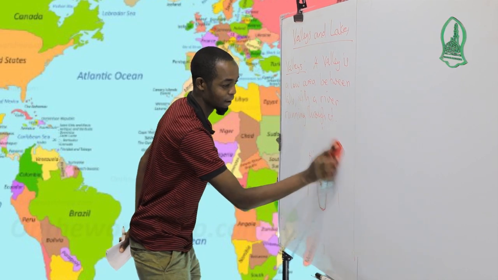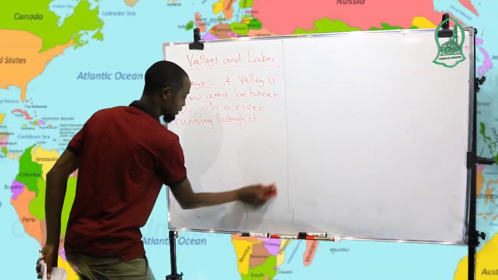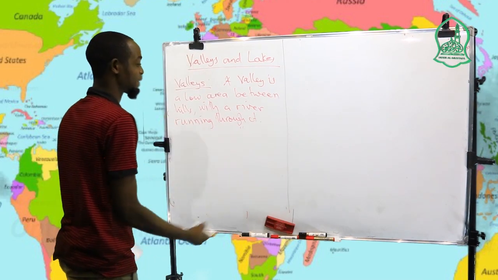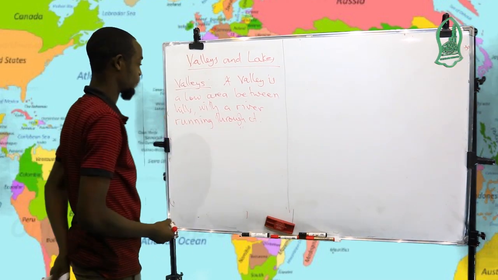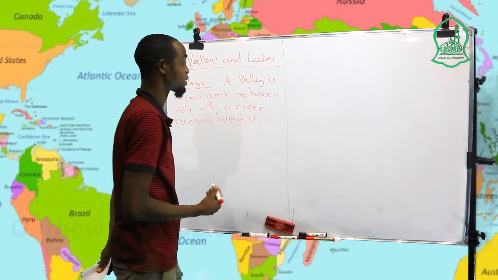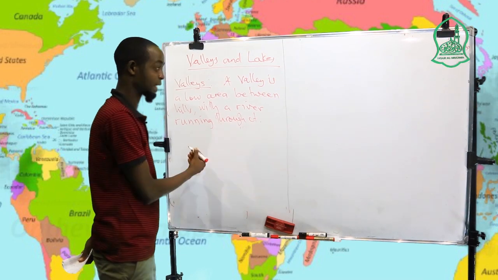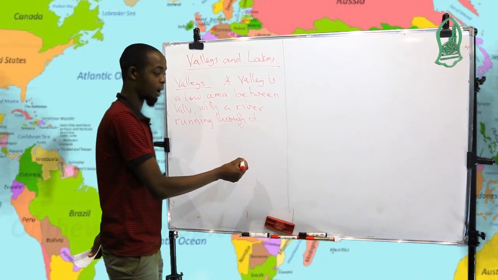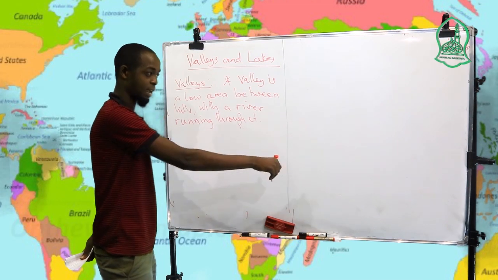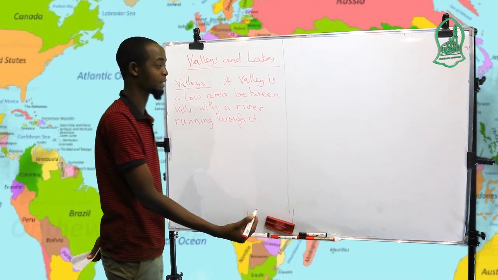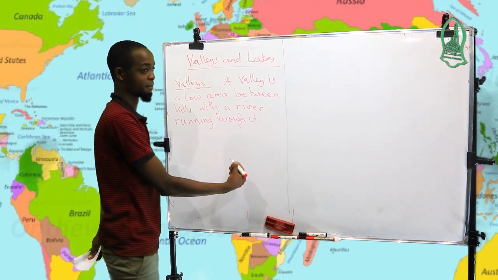Students have to know that a valley is formed when there are two highlands and the area between them goes down. This is formed due to the process of erosion. When a river moves through these areas, it erodes loose materials, which creates a valley.